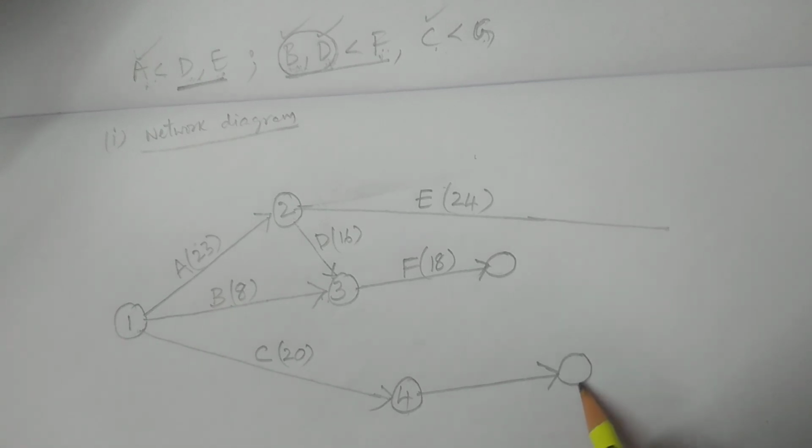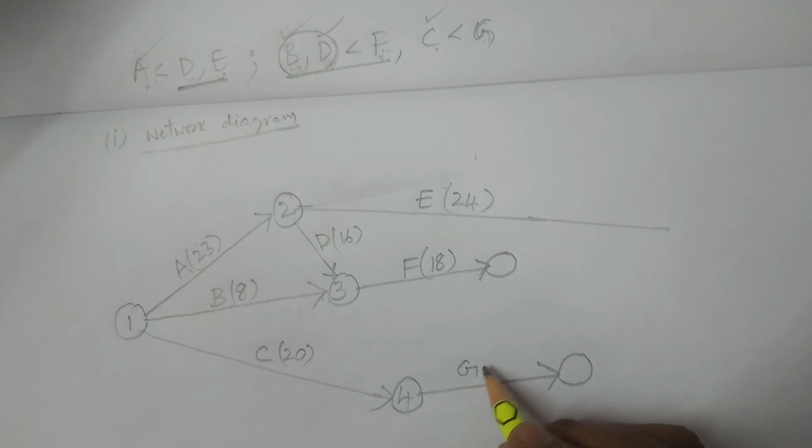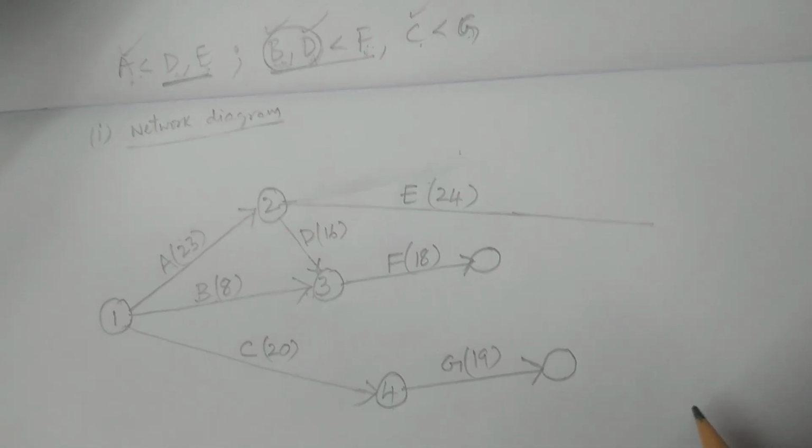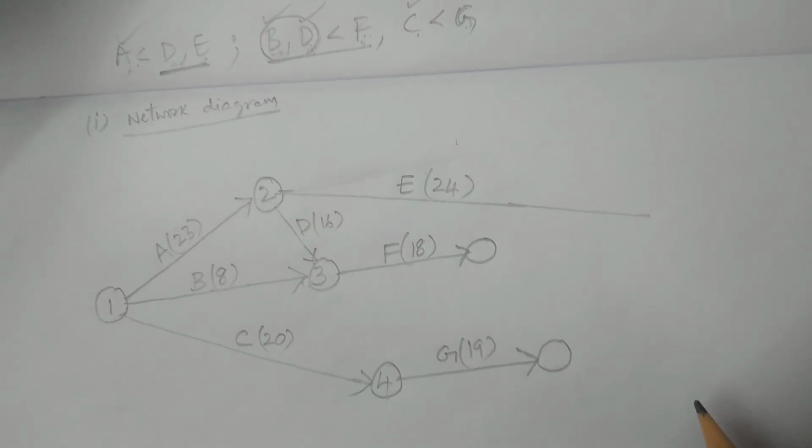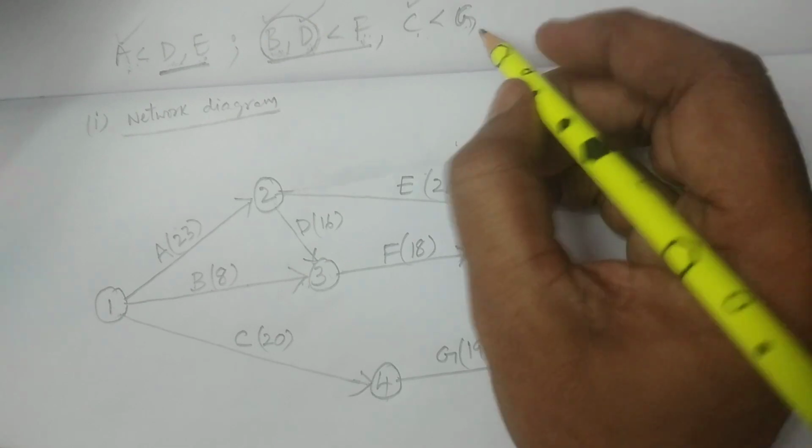I'm considering this as another node. After 4, I have connected this. This I consider G. For G, the time duration is 19 days. Now it is required to consider any relation between F and G. The remaining relations are right here.